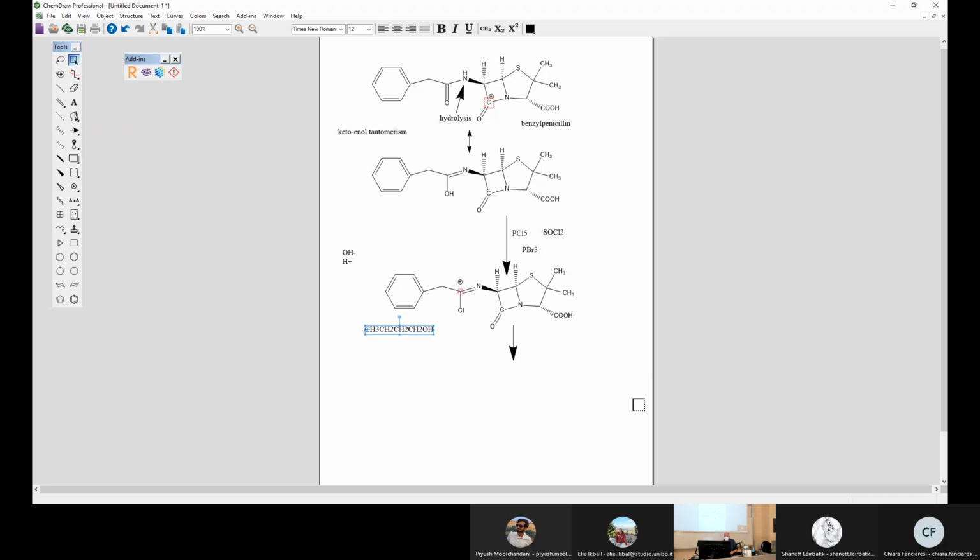If at this point I add water directly, I do not have the hydrolysis of this double bond, of this imino bond, but I come back again to the enol form.